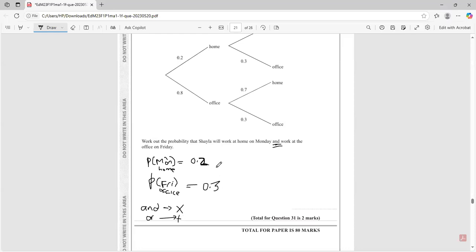So just remember that. So what are we going to do to these two values to get the answer? Because of the "and", we will multiply it, isn't it?